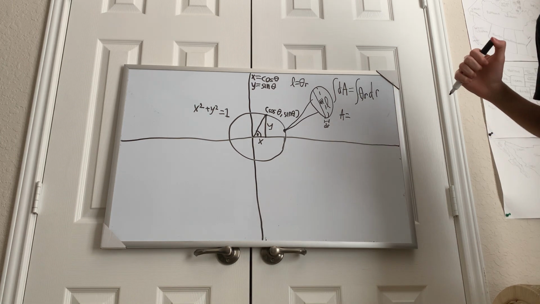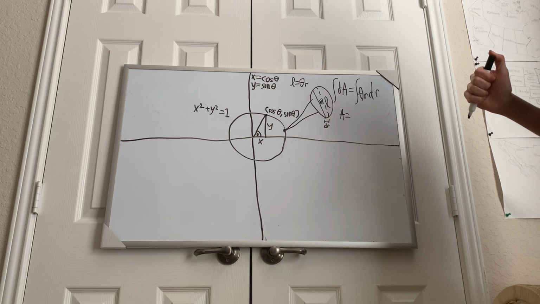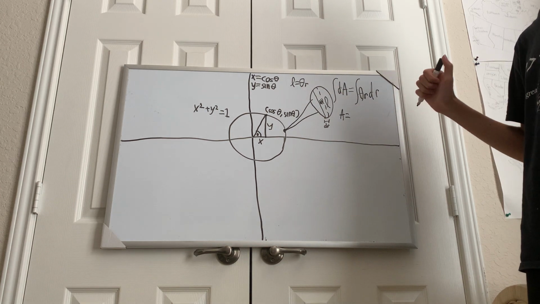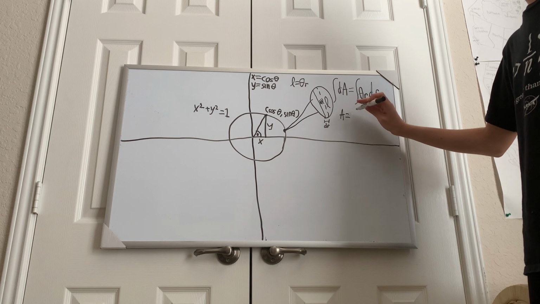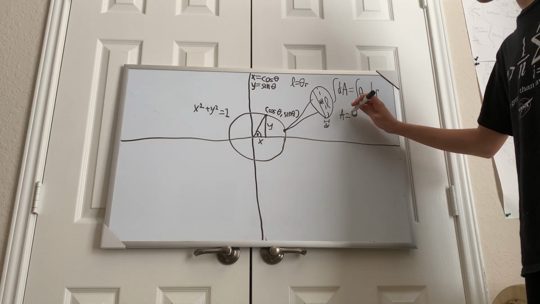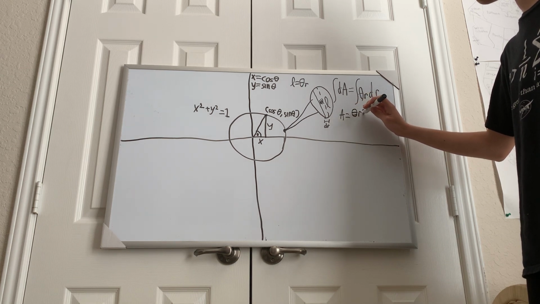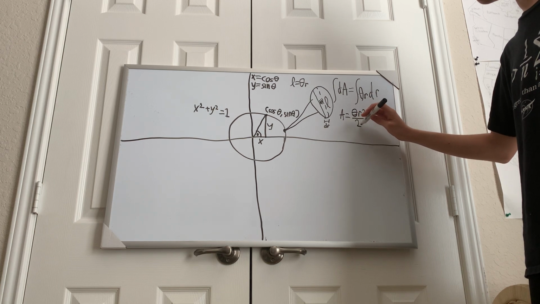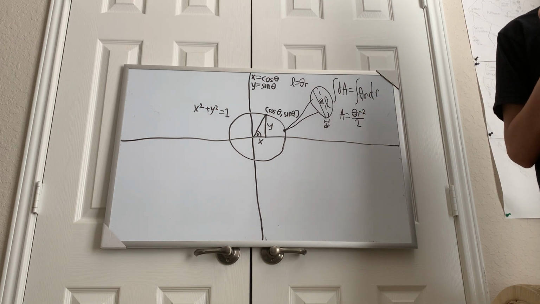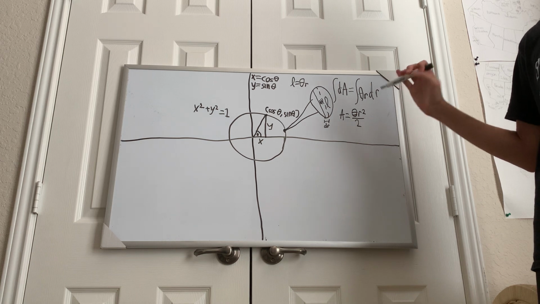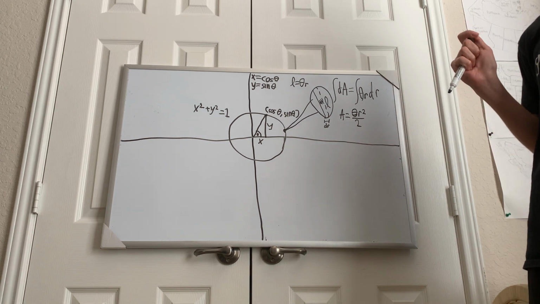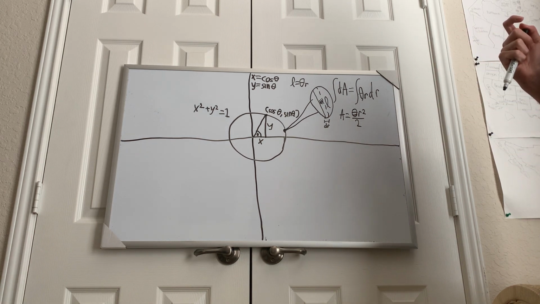Theta does not change as R changes since our arc is still the same. So then we get that this becomes theta R squared over 2. And there would technically be a plus C there, but if R is 0, then A is obviously 0, so C is also going to be 0.